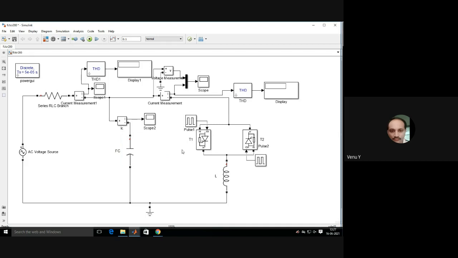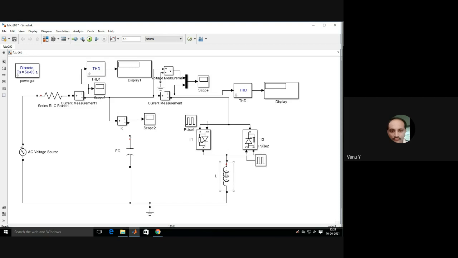And this is the TCR. In series with the TCR, you have connected the ammeter or current measurement. The TCR is a combination of inductance and an anti-parallel combination of thyristors. These two are the thyristors. Anode and cathode are connected on both sides, and the gate is given to pulse generators 1 and 2, thyristor 1 and thyristor 2, pulse 1 and pulse 2 respectively.